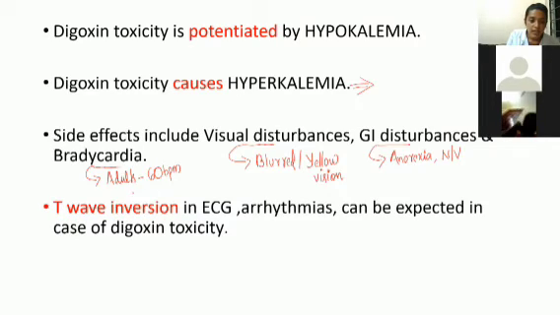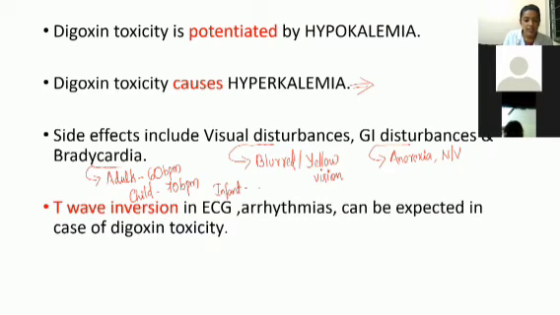In a child, if the heart rate is less than 70 beats per minute, we will stop the digoxin therapy or not initiate digitalis therapy. And in an infant, if the heart rate is less than 90 beats per minute, we won't initiate digitalis therapy. So this differs in adults, children, and infants.